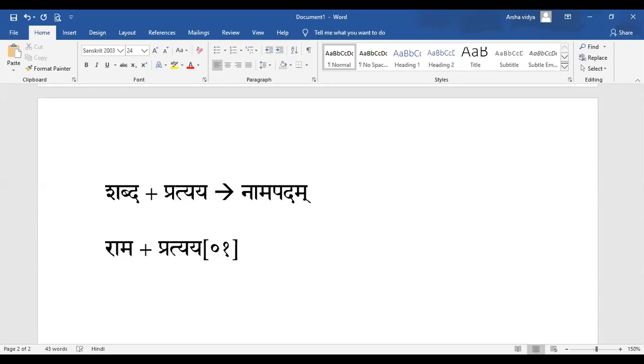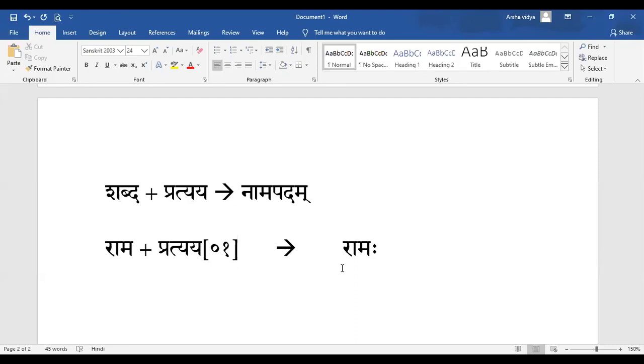When I add this Pratyaya 1, it gives me the form, let us say the noun form, Ramaha. Ramaha is the subject, the agent of action.